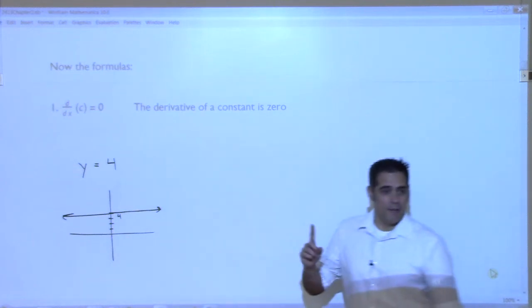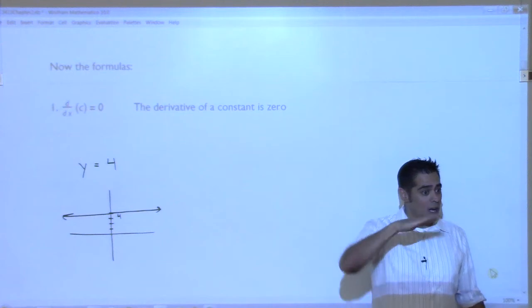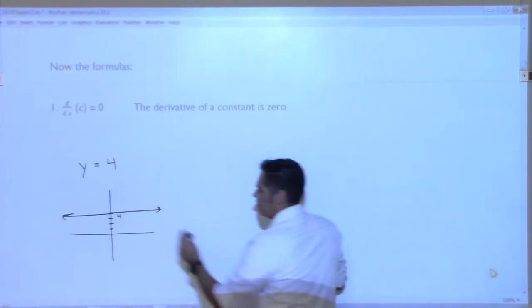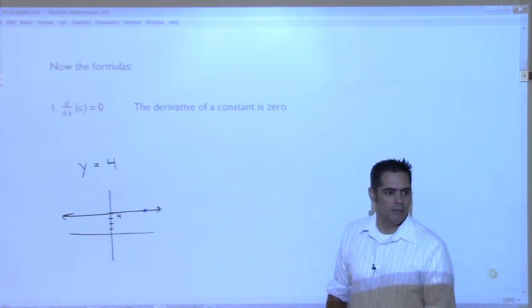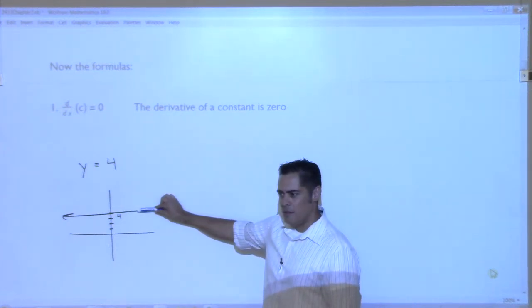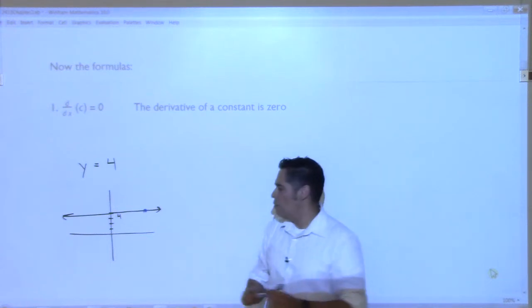So the derivative of this function is the slope of the tangent line, right, at different points. Well, go pick any point you want on this line and tell me what the slope of the tangent line has to be. So the tangent line would have to be like this, right? Flat. And what's the slope of a flat line? 0. And it wouldn't matter where you are.